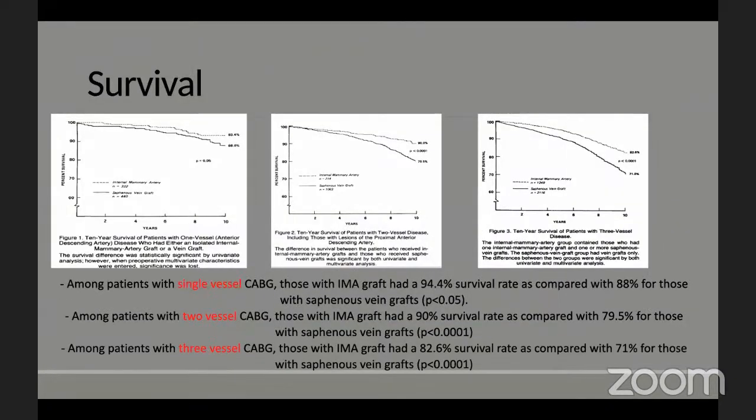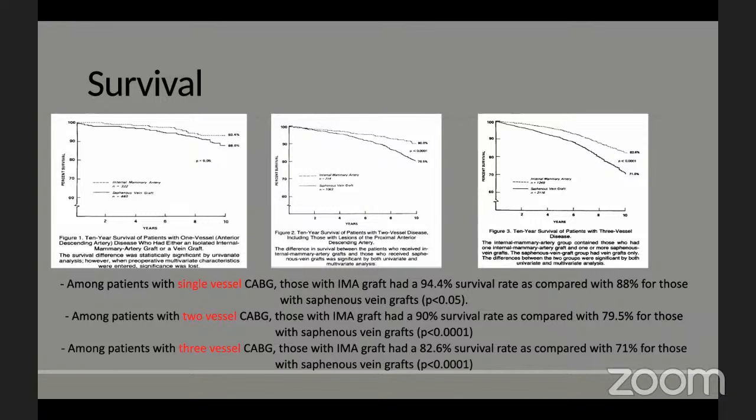In survival, among patients with single vessel coronary artery bypass grafting, those with internal mammary graft had a 94.4% survival rate as compared with 88% for those with saphenous vein graft. Among patients with two vessel grafting, those with internal mammary artery graft had a 90% survival rate as compared with only 79.5% for those with saphenous vein graft.